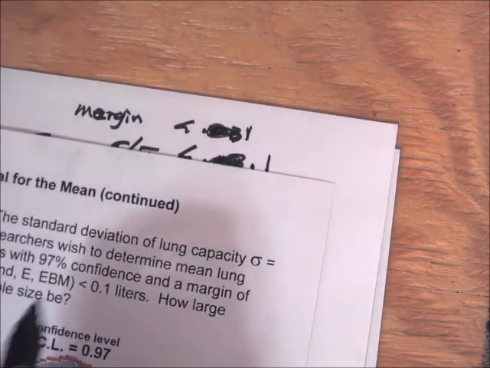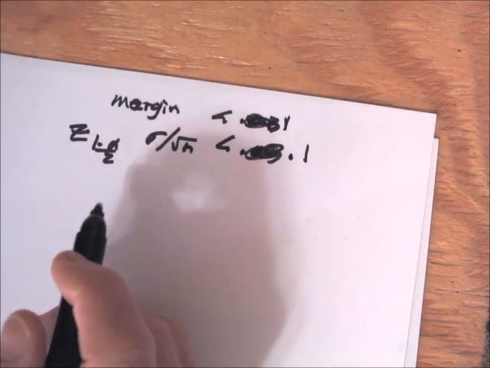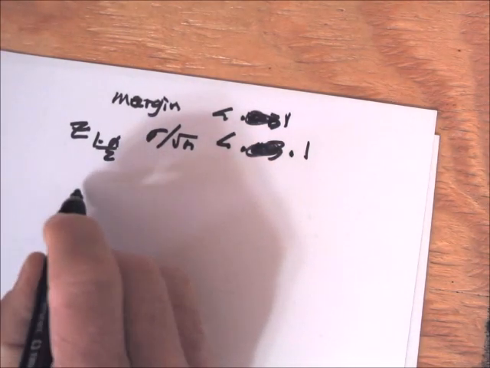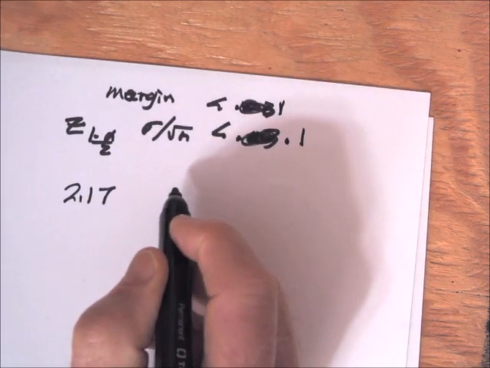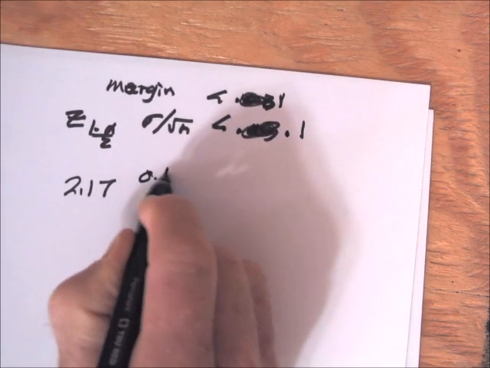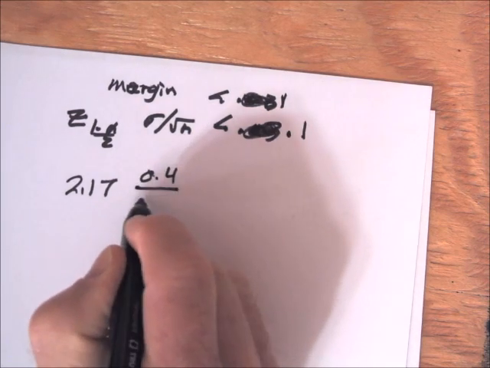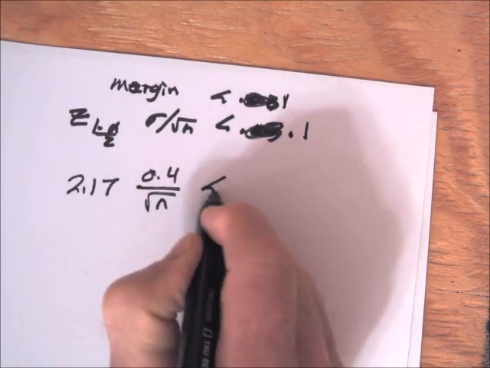So we want the error to be less than 0.1. The z-score is 2.17. Sigma, they said, was 0.4. And n is what we're trying to find out.